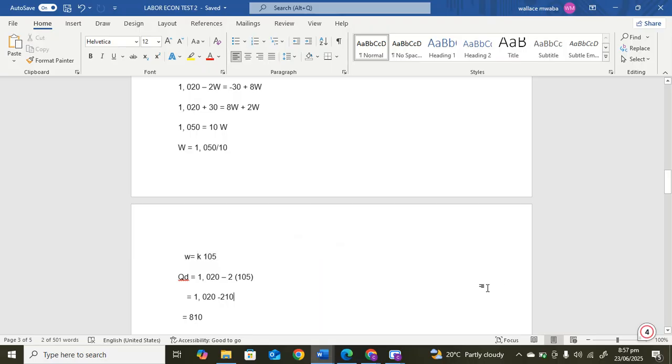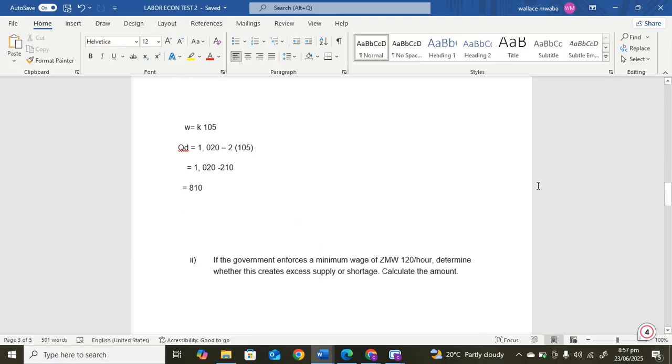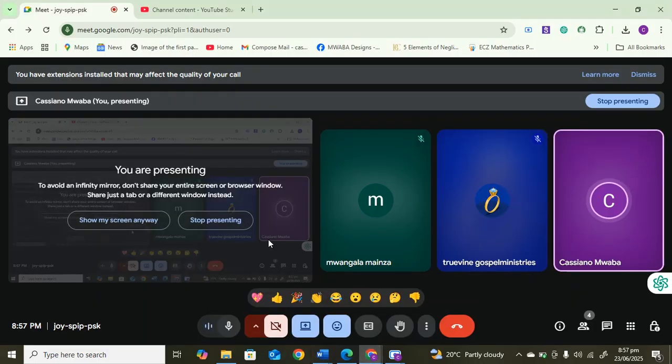Do we think there will be a shortage or an excess before I do the calculations? Initially, the wage rate was 105. Government has now put a minimum wage of 120. So, for an employer, do you think you want to employ more workers? Or do you think you're going to want to keep fewer workers in this case?